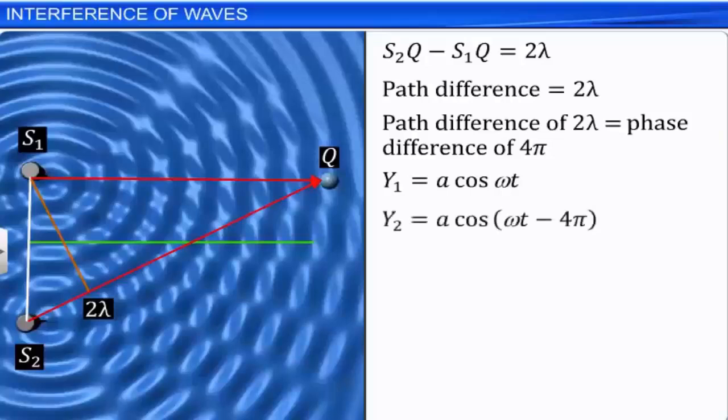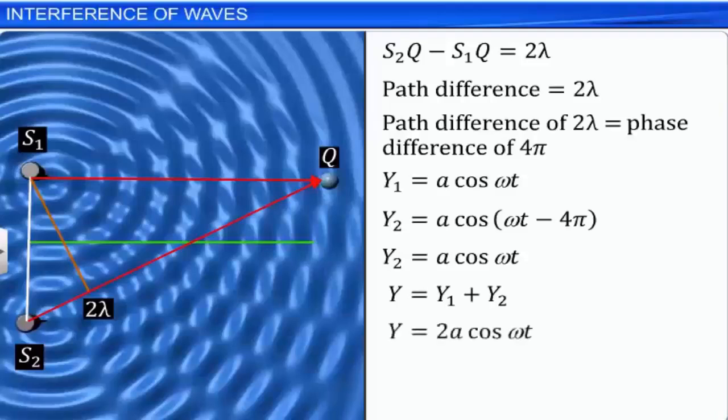But this is again equal to a cos omega t. The resultant displacement of Q, y = y1 + y2. On substituting the values of y1 and y2, we get y = 2a cos omega t. And the intensity will be again equal to 4I0.